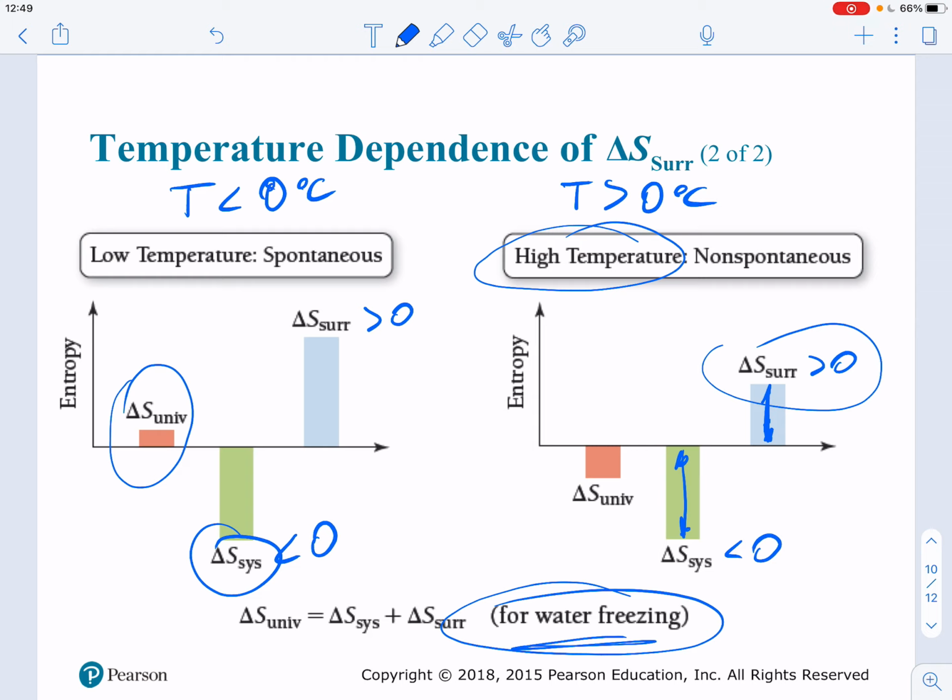That system might not be spontaneous if you are below that temperature, and it will become spontaneous as you go above that temperature. Right now, don't worry too much. We're going to get to that in due time, but this is the meaning behind this. Everything is controlled by entropy and enthalpy, and those relative values will dictate whether the process is spontaneous or not.